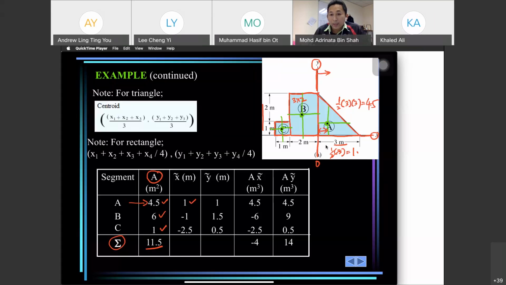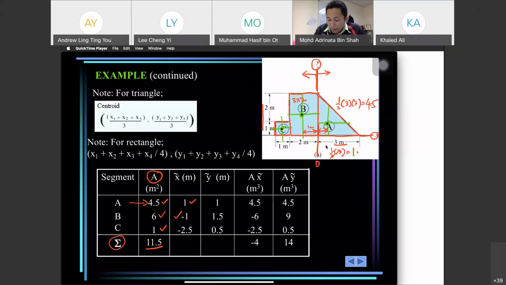Next, we look at B. We know that it is 2 meter, and the length of B in the X direction is 1 meter. But it is in the negative direction of X, so we have negative 1 meter.